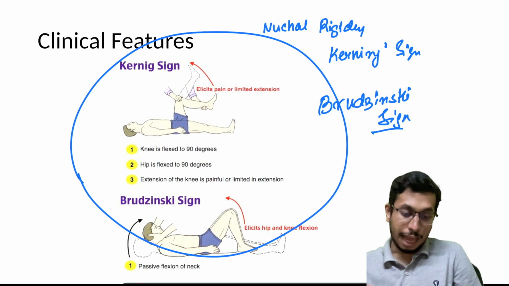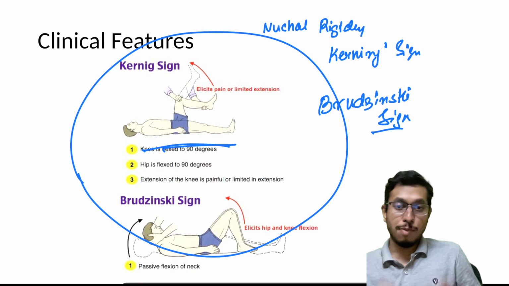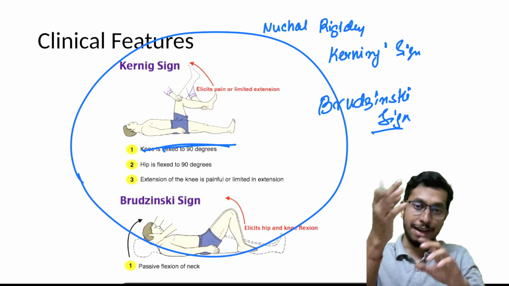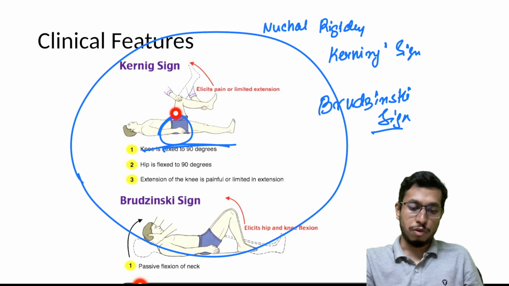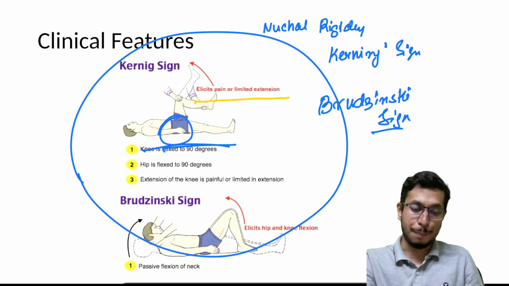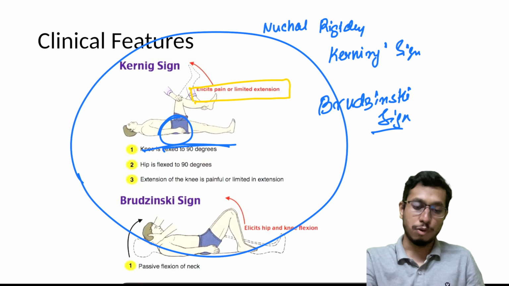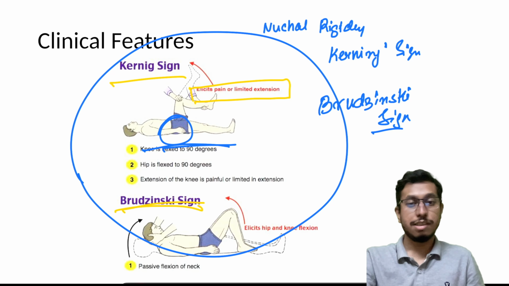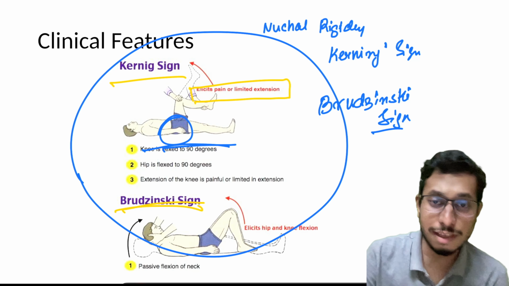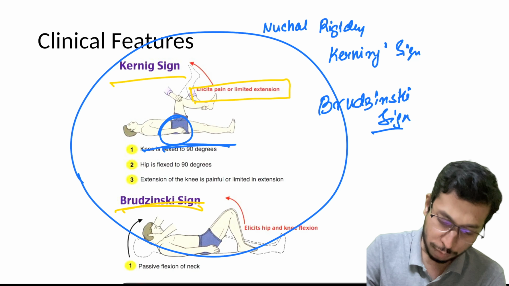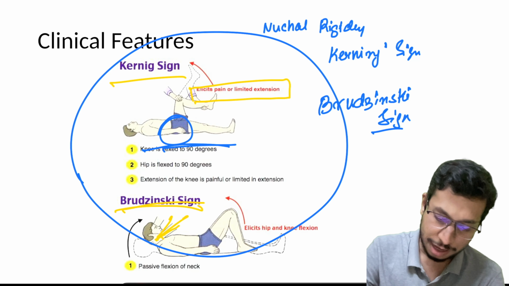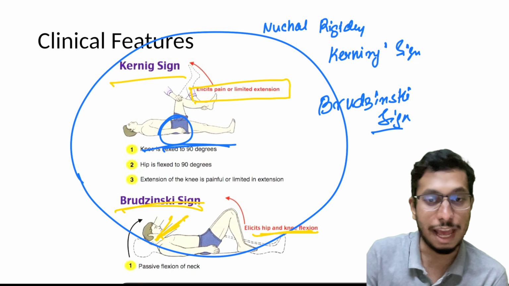Now Kernig sign, as you can see here: there will be pain while trying to extend the knee with the hip flexed. While the hip is flexed, when you try to extend the knee of the patient, this will elicit pain on limited extension. This is known as Kernig sign. Brudzinski sign is when you passively flex the neck, there will be hip and knee flexion as well.